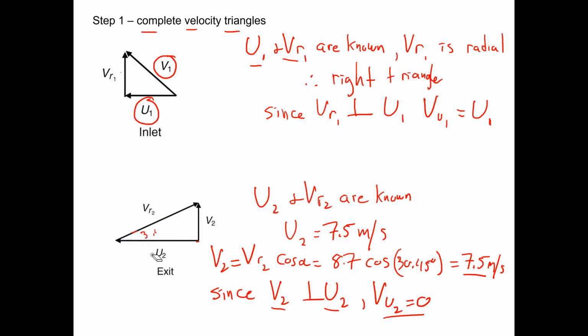Now, for the exit, it's similar logic, right? For the fluid exiting, I get, again, the relative velocity and the tangential velocity. The math works out that if I try to compute the absolute velocity of the fluid, I take this angle and this value and multiply by the cosine of this angle, I get 7.5 meters per second in the vertical.